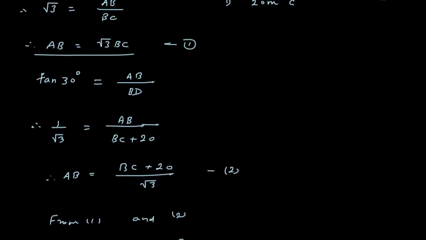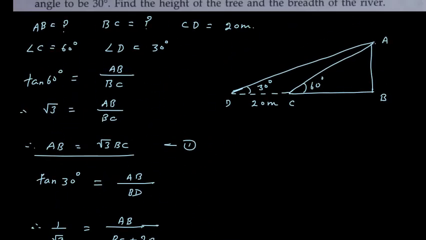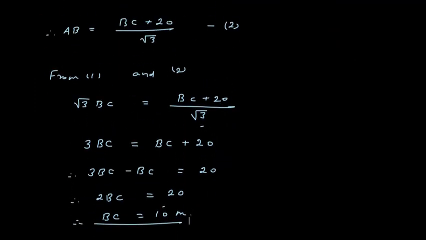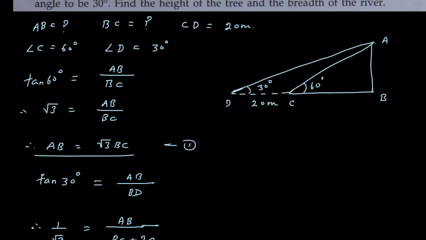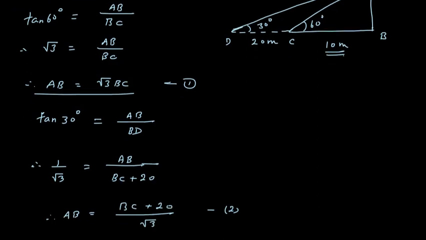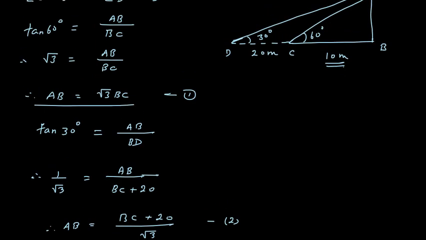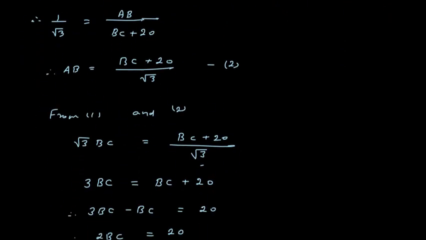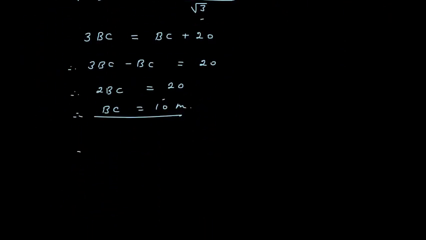So the value of BC we got is 10 meter. Now I have to find the value of AB. So AB is root 3 times BC, already we have said. So AB is root 3 times BC, which is 10 into 1.732 or 1.73.